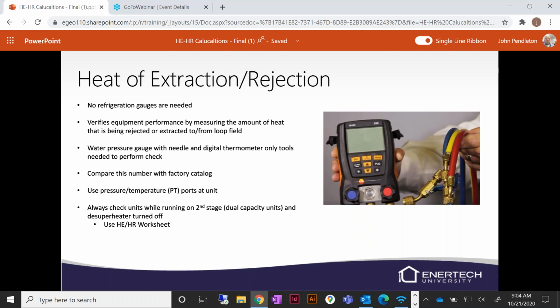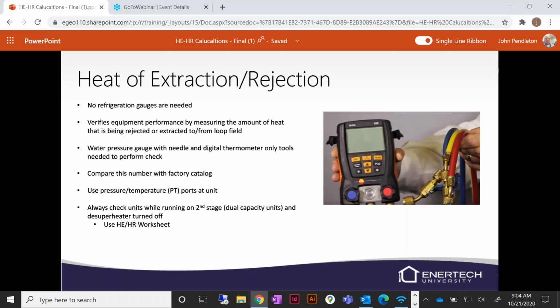When we do heat of extraction and heat of rejection, no refrigerant gauges are needed, so you can just leave those on your truck for the time being. It basically verifies the equipment performance by measuring the amount of heat that's either being rejected or extracted from that loop field. Basically, you're going to need a water pressure gauge with a needle on it, usually a 0 to 100 psi, and a thermometer of some type.